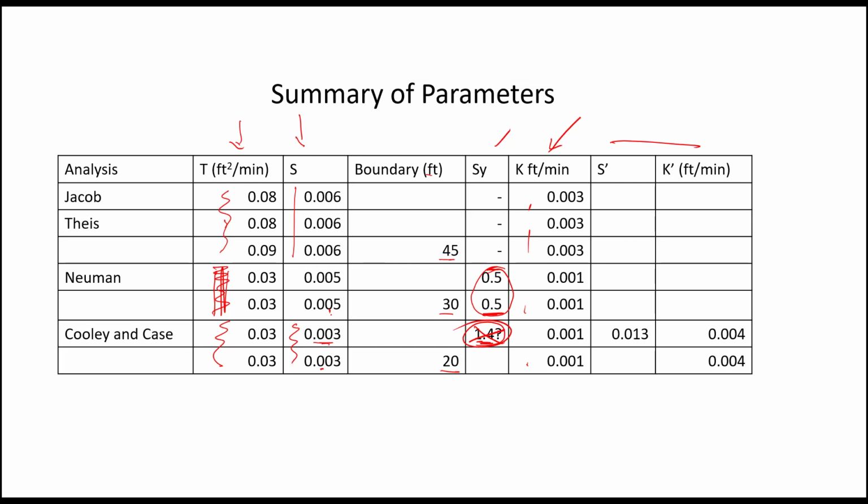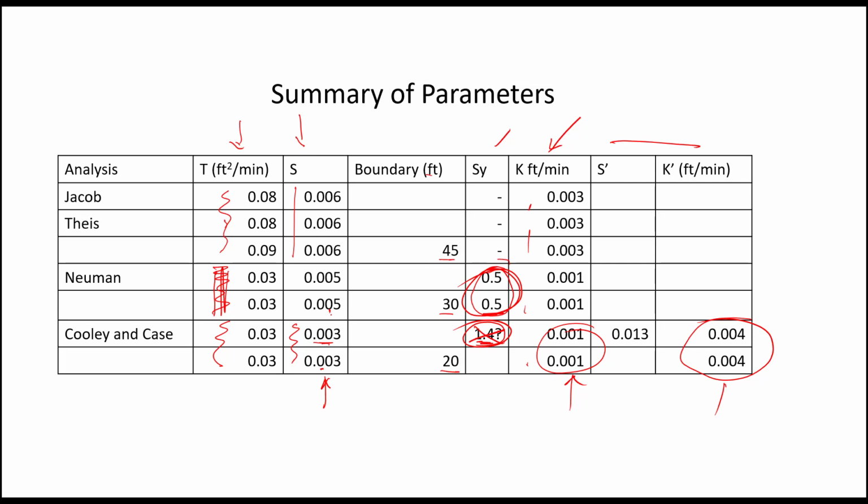That's a pretty small range really. And the hydraulic conductivity of the saprolite is a bit higher than the hydraulic conductivity of the rock. These values here are quite reasonable, these values here are quite reasonable for the storativity, and these values here I think are okay.